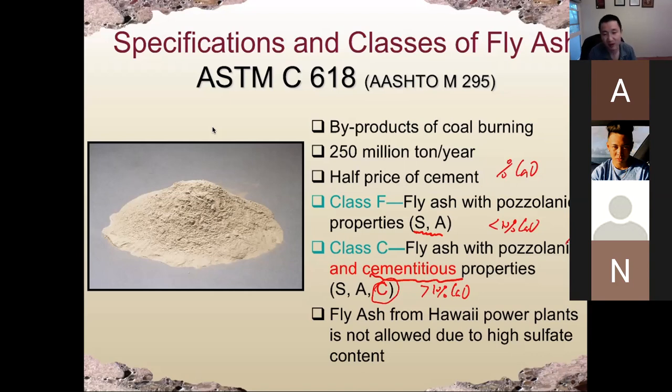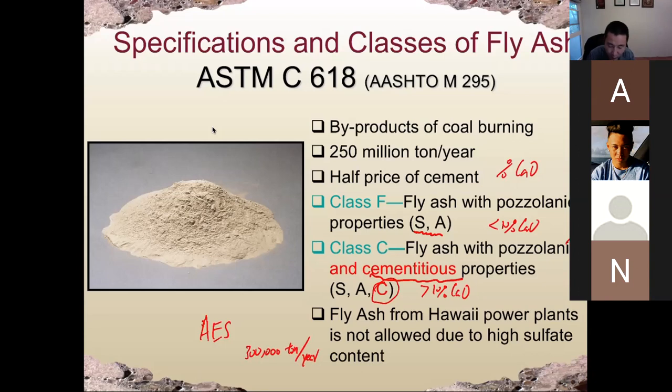So here in Hawaii, we have fly ash coming from a local power plant, which is called AES. The AES power plant is located in the Kapolei area. Every year in Hawaii, we have 300,000 tons of fly ash.